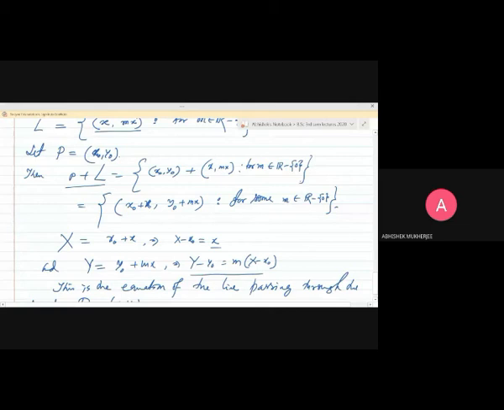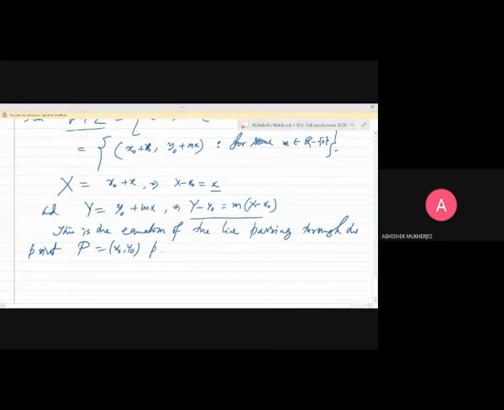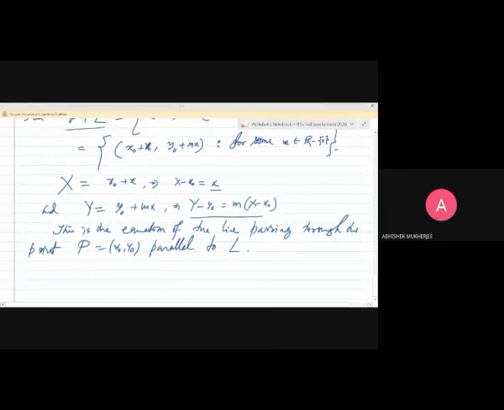These are actually lines passing through the point, parallel to L. So this is the equation of the line passing through the point P parallel to L, because this m is the slope of the line.